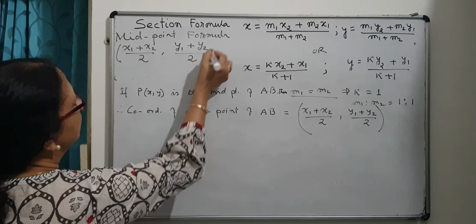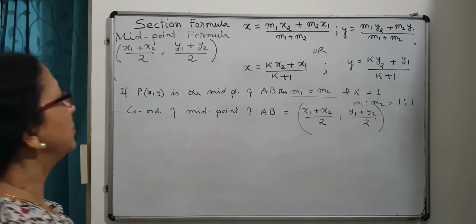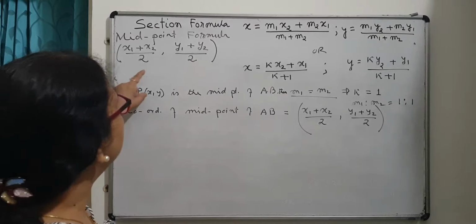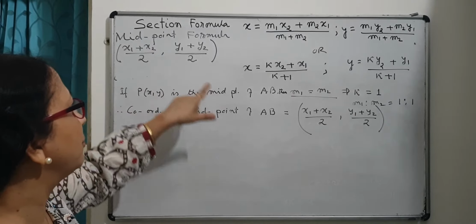That is, it takes the average of the abscissas of the 2 points and the average of the ordinates of the 2 points. So these also are useful. I'm showing you a very good application of this midpoint formula.